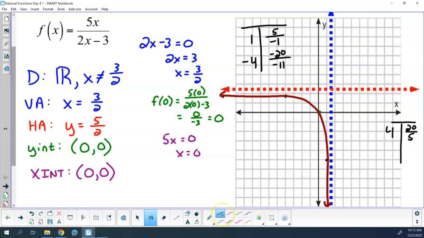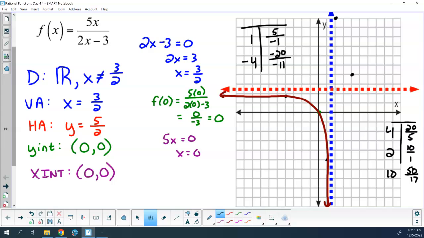Right side, we said we know we went through 4, 4. 1, 2, 3, 4. Probably do 3. No, excuse me, 2. 2 would be 10 over 1. And then let's just do 10. 50 over 20 minus 3 is 17.